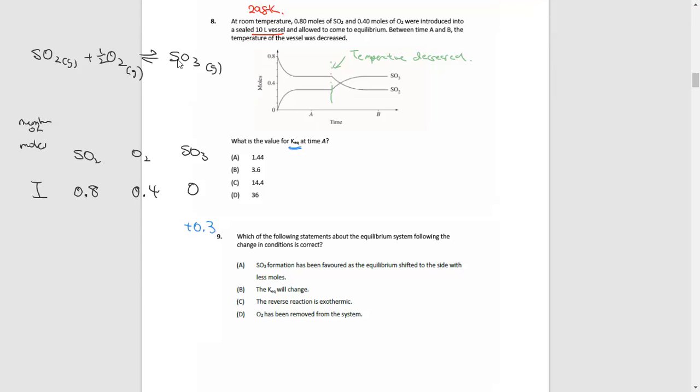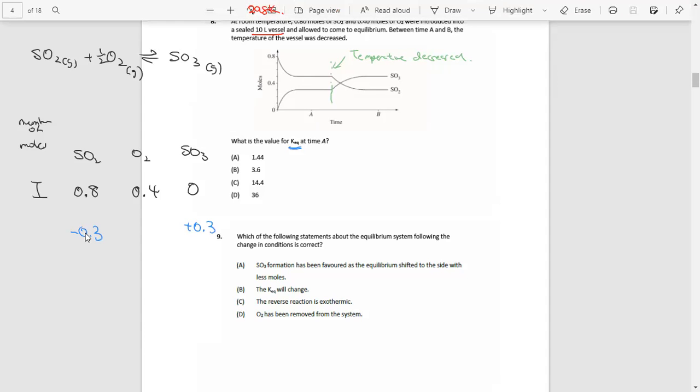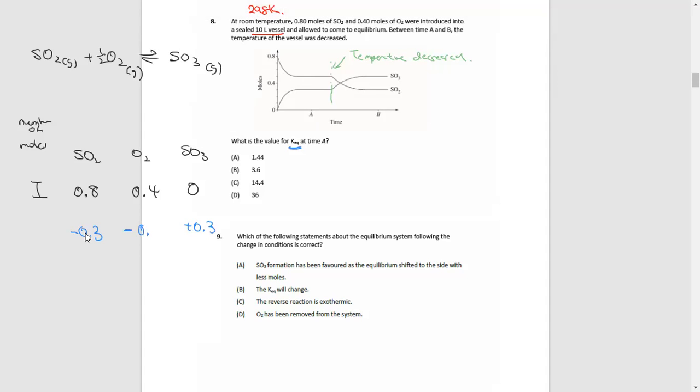Now, if this goes up by 0.3, this must go down by 0.3. So 0.5, which is again confirmed over here. And if this goes down by 0.3, then this must go down by, well, half of that. So it goes down by 0.15. So that would be your change.